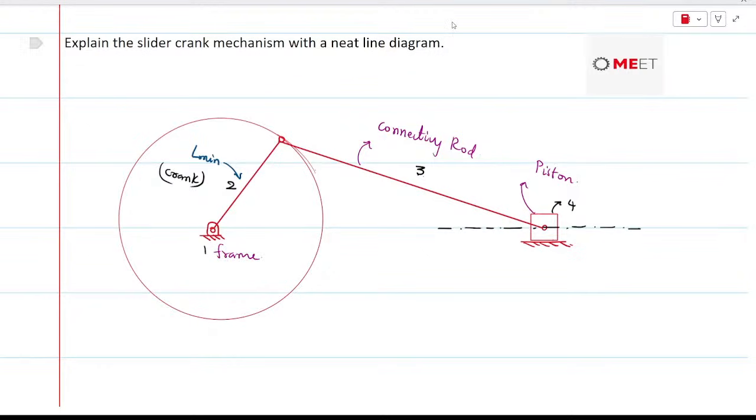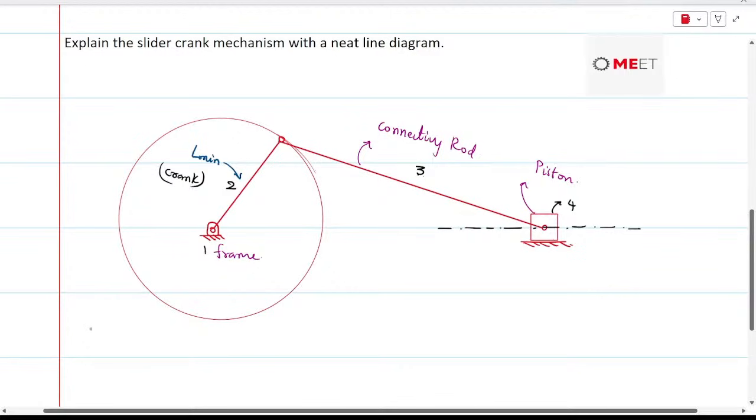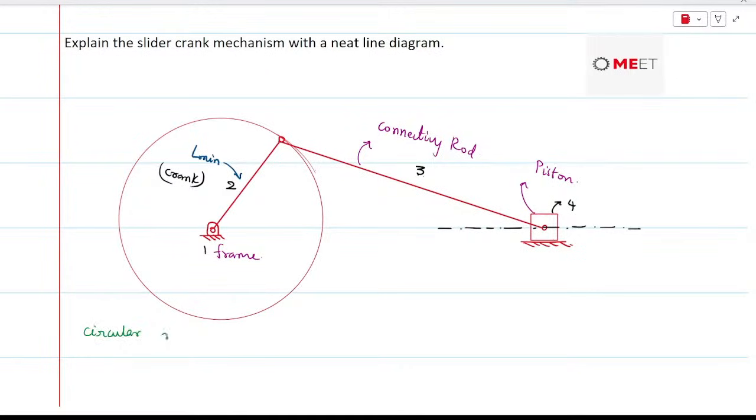This is used in the IC engine, and here you find circular motion is converted into straight line motion or reciprocating motion.